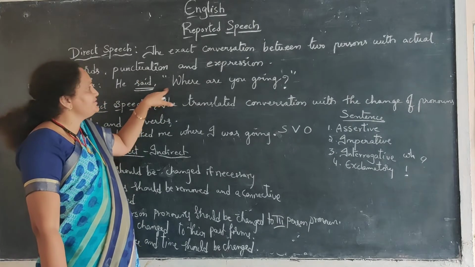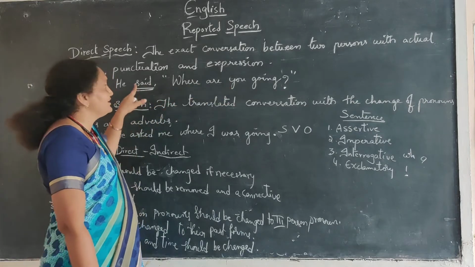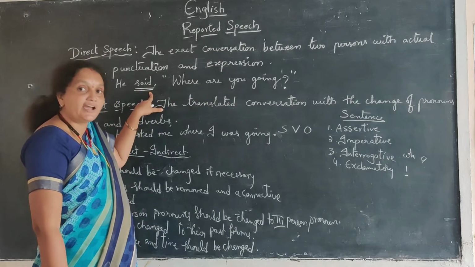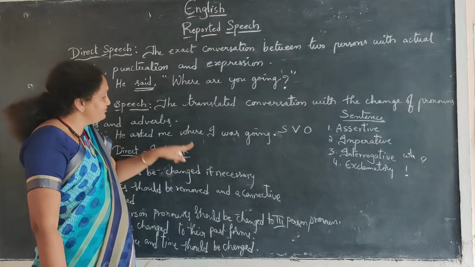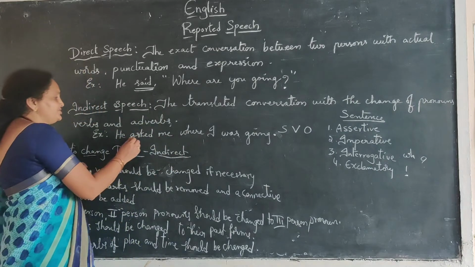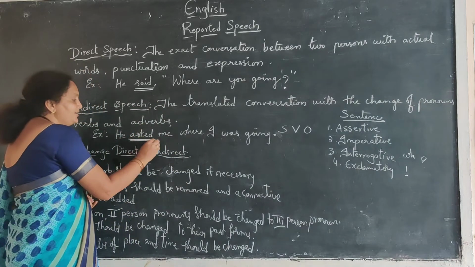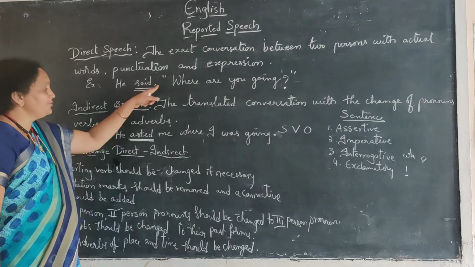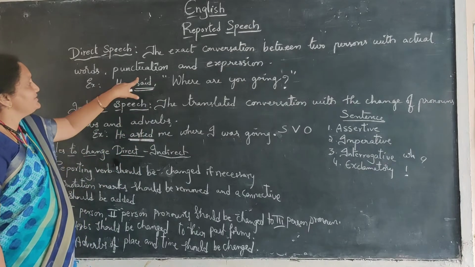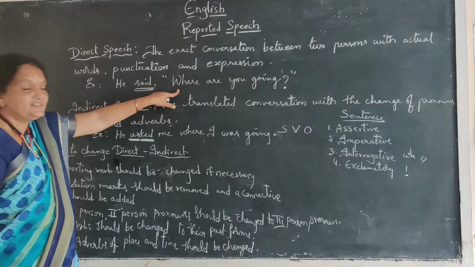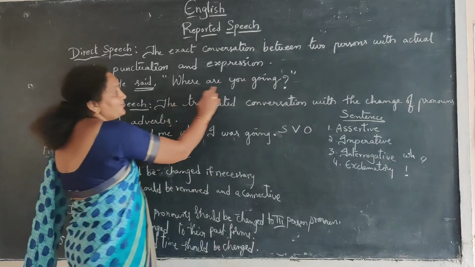But it is right even if we write said in the direct speech. But if we change it into indirect speech, we need to change the reporting word according to its sentence. Because what is the sentence here?